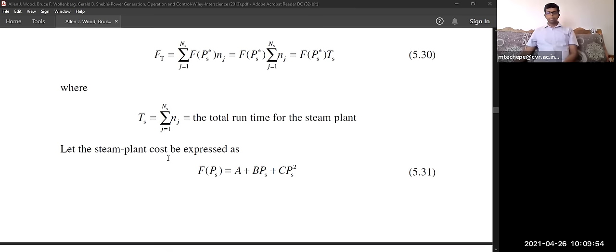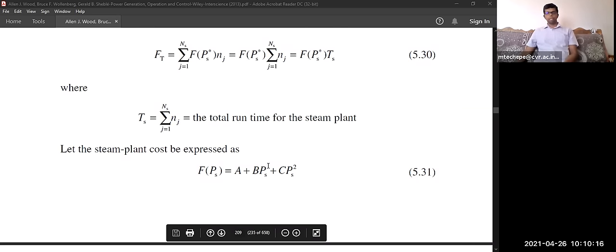Let the steam power plant fuel cost function be given as F of PS equals A plus B into PS plus C into PS square. In economic load dispatch we have taken it like PS square plus B PS plus C. You can take the fuel cost function like that also, no problem.